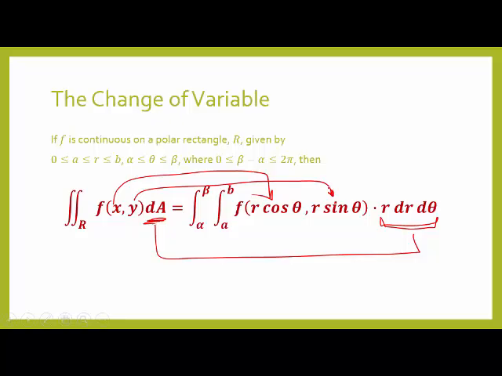So we're going to do our substitutions, provided that our limits are going to be nicer than what it would normally be. And then we're going to come up with this new integral in r and theta with an extra r. Okay?